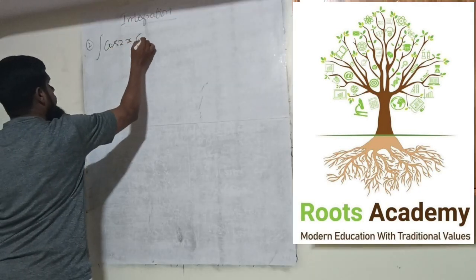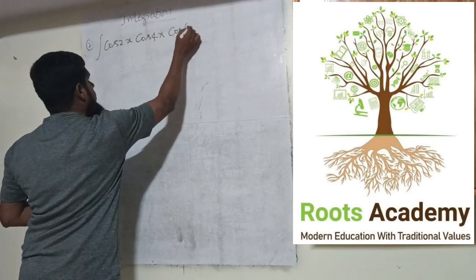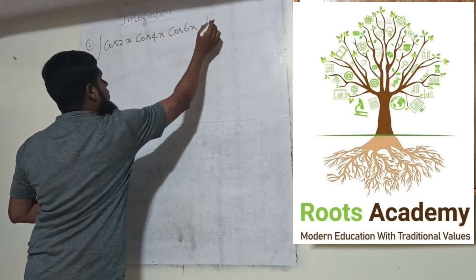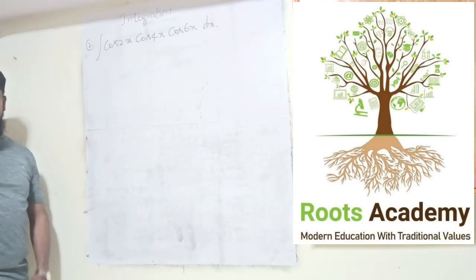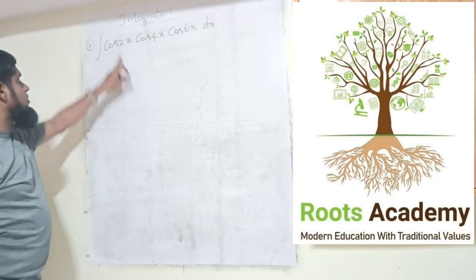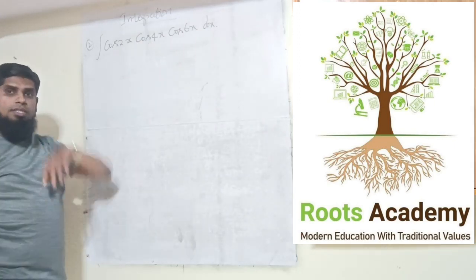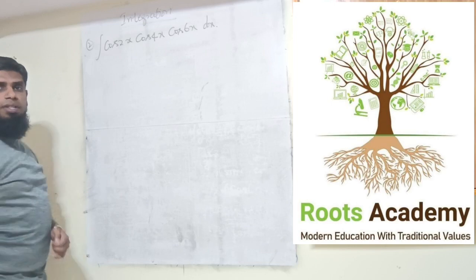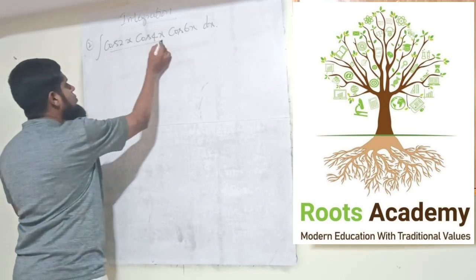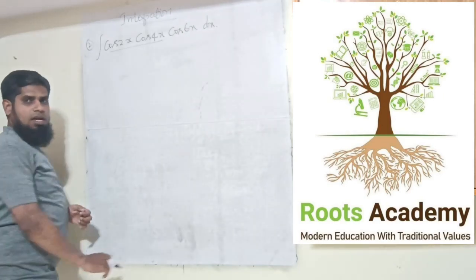Cos 2x into cos 4x into cos 6x with respect to dx. There are three factors this time: cos 2x, cos 4x and cos 6x. So in this case we will apply the formula for the first two factors and keep the third factor as it is.